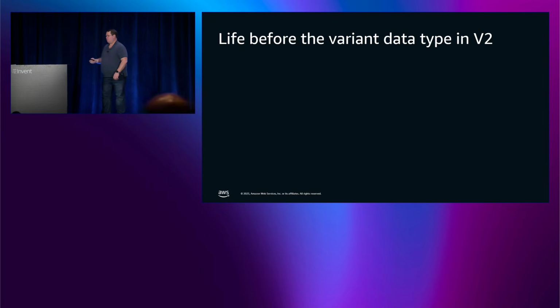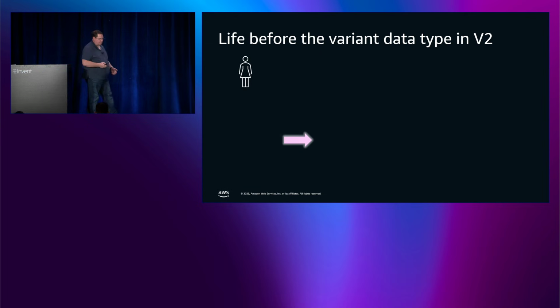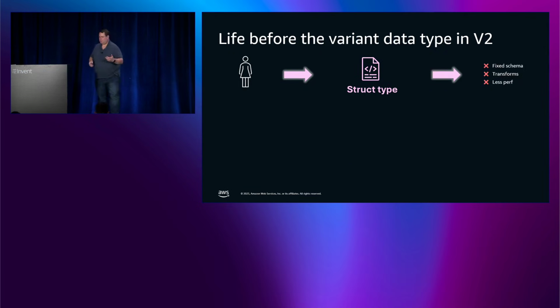Before we get into use cases of the variant data type, let's talk a little about some of the pain that some of you using Iceberg V2 may be living through today when handling semi-structured data. The first thing we saw a lot of customers doing is trying to make their semi-structured data look like structured data. They do that through transformations, picking the closest structured type they can to align to their data.